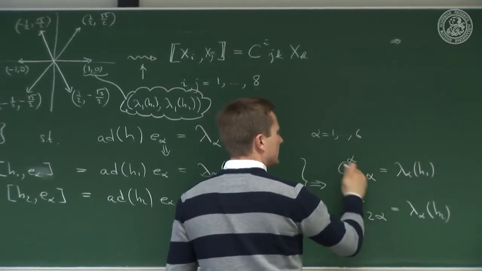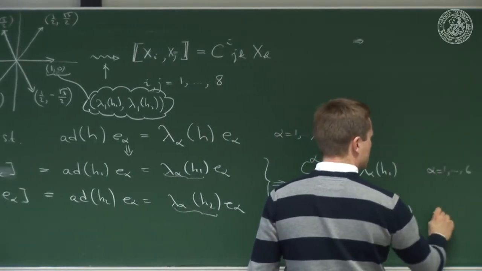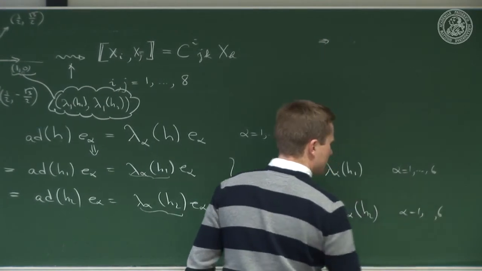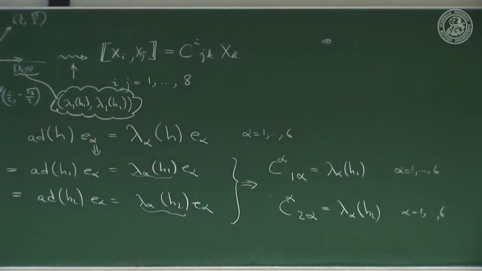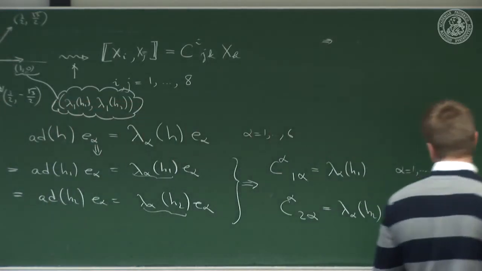So this is really alpha alpha, so alpha runs from 1 to 6. So we get 12 of the structure coefficients.